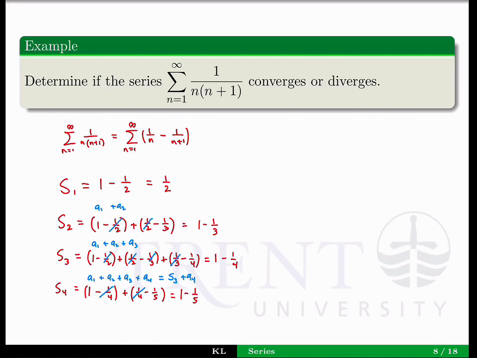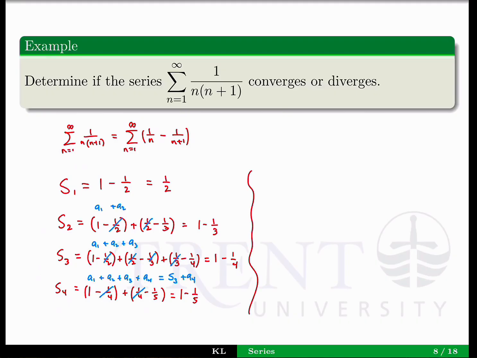And try to observe what happened. S1, you got 1 minus 1/2. S2, you have 1 minus 1/3. S3, you got 1 minus 1/4. S4, you got 1 minus 1/5. And it seems that there is a nice pattern.